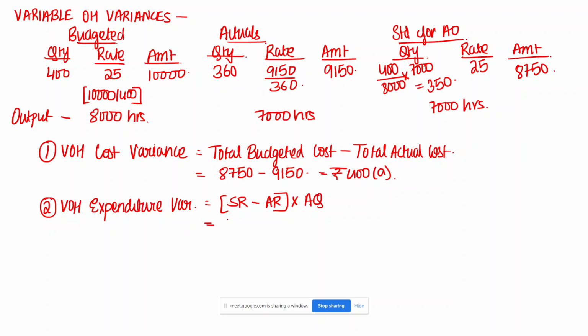That is equal to 25 minus 9150 divided by 360, into 360. This 360 and 360 will get cut, but after multiplication with 25. So it would be 360 into 25 minus 9150.